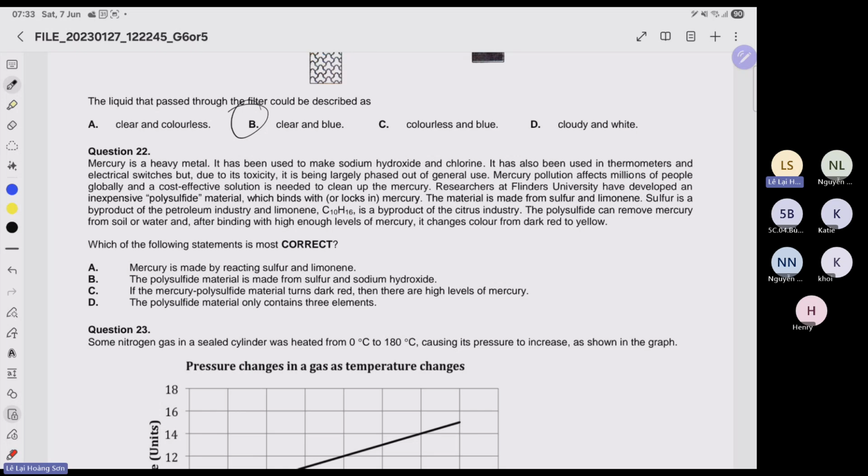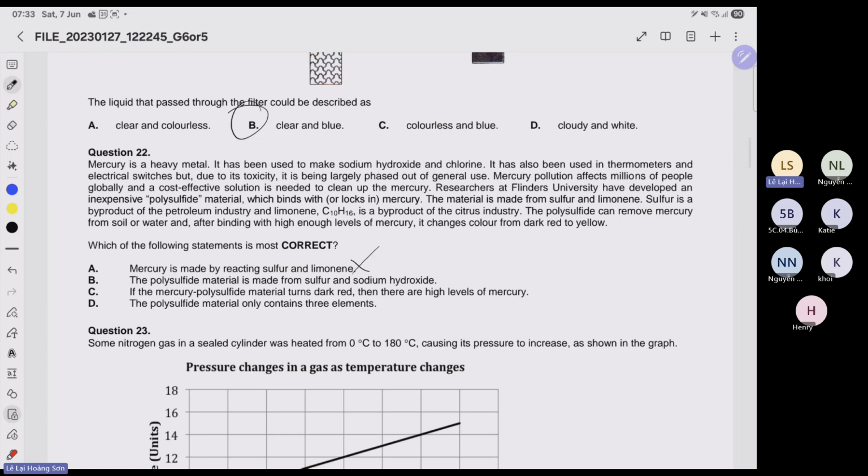Mercury is made by reacting sulfur and limonene. No, that is a material that will be used to lock in mercury. It's not the process of making mercury. This is incorrect. The polysulfide material is made from sulfur and sodium hydroxide. No, it's made from sulfur and limonene, so incorrect.